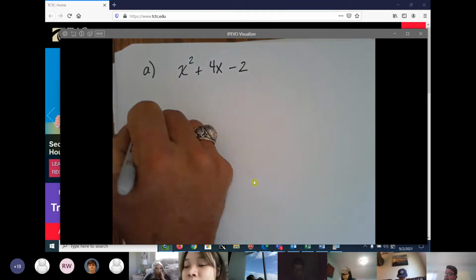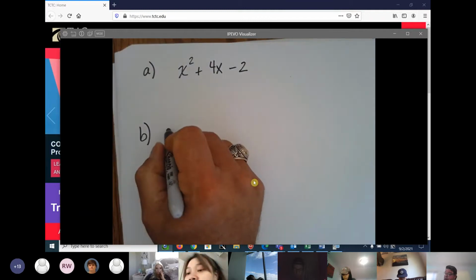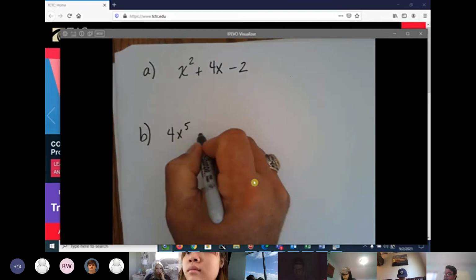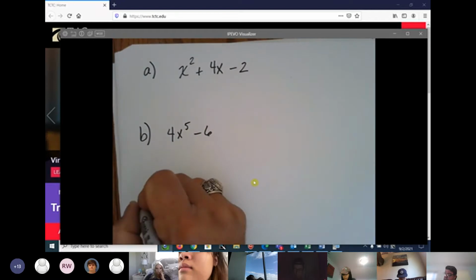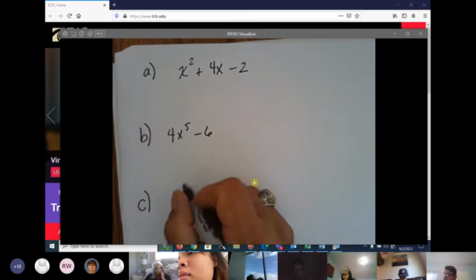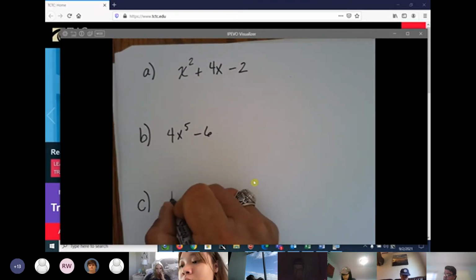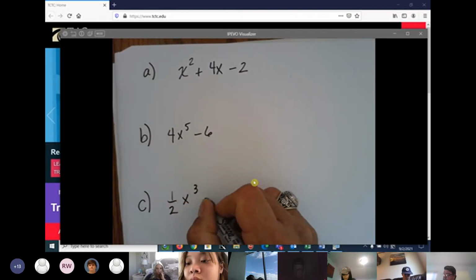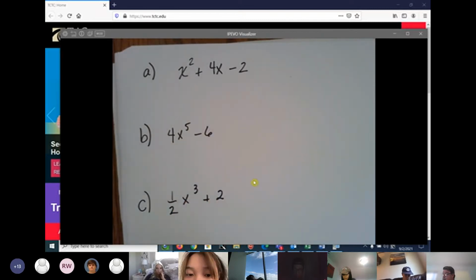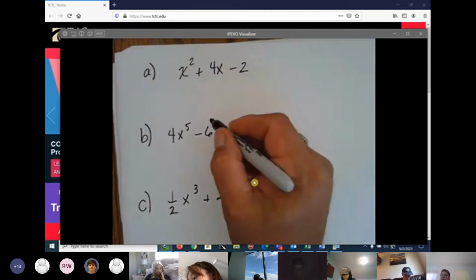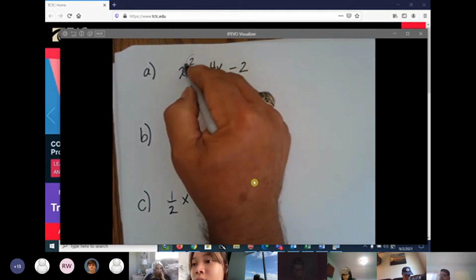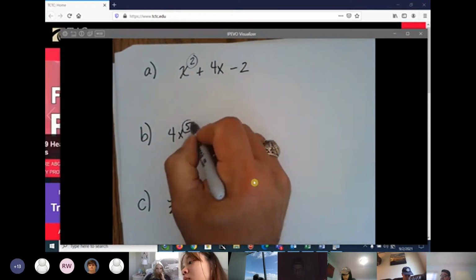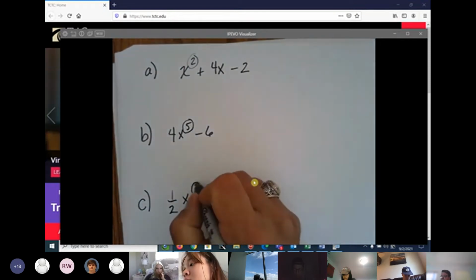B, 4x to the 5th minus 6. And C, 1/2 x cubed minus 2 plus 2. Okay, each one of these has a degree. This is the 2nd degree. This is a 5th degree. This is a 3rd degree.